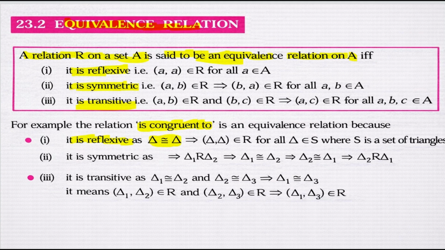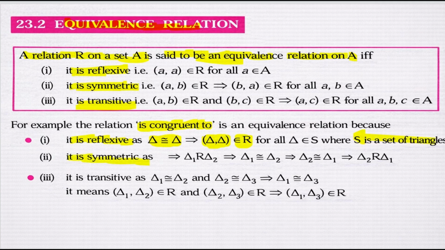If you draw the same triangle, it is congruent, because angles are equal and sides are equal. Therefore the ordered pair (triangle 1, triangle 1) belongs to R. Therefore it is reflexive on set S, which contains the set of all triangles.